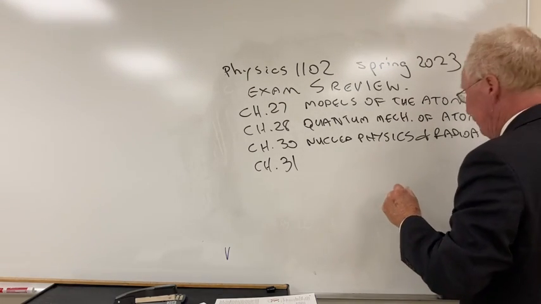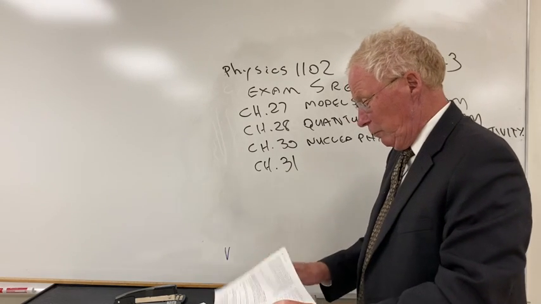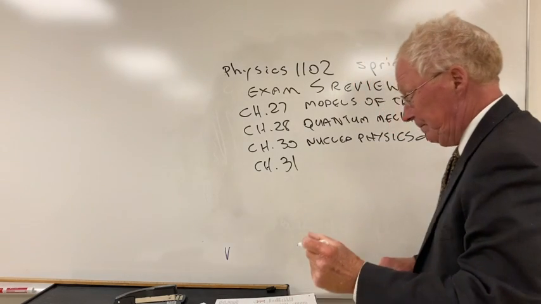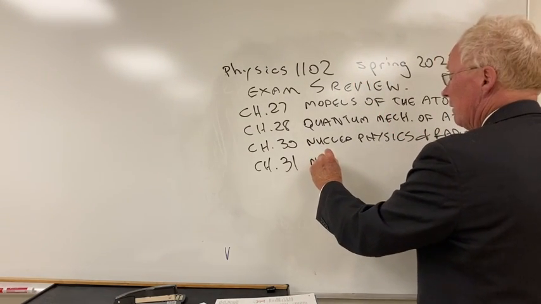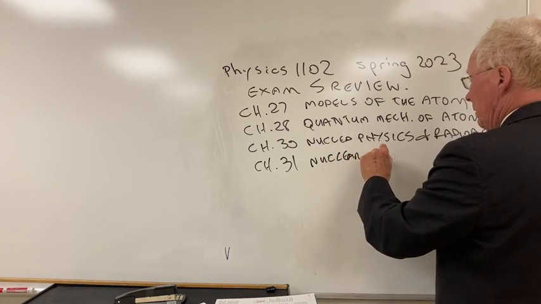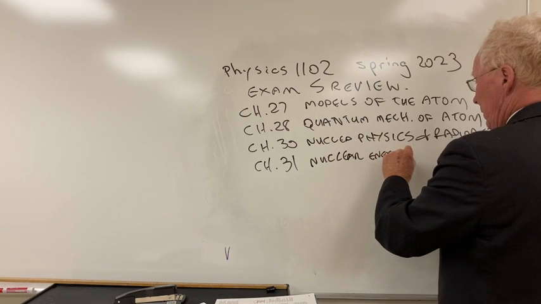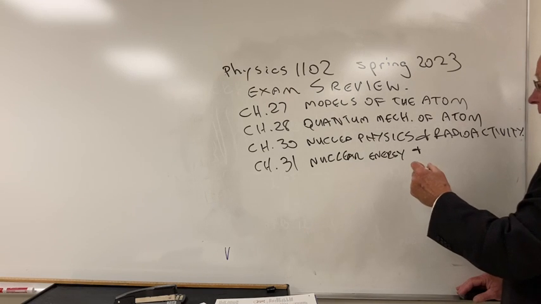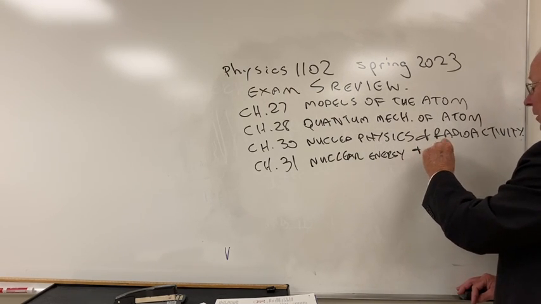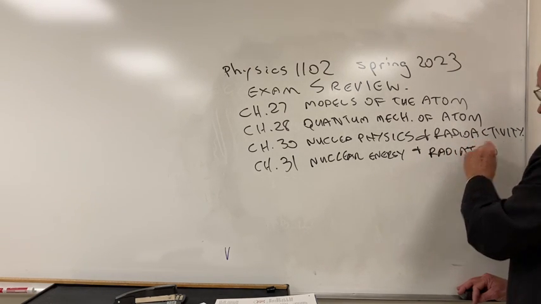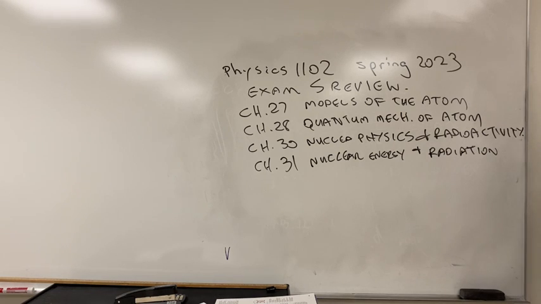And then finally, chapter 31, which is the last chapter for the year: nuclear energy and radiation. So this includes dangers of radiation, health effects, what kind of radiation we get from that.